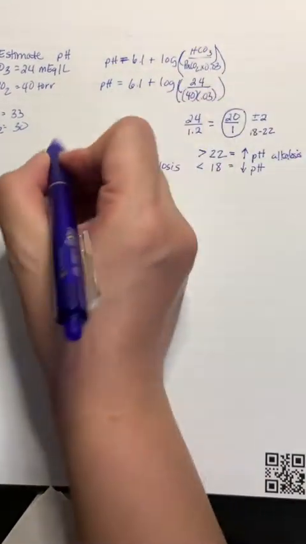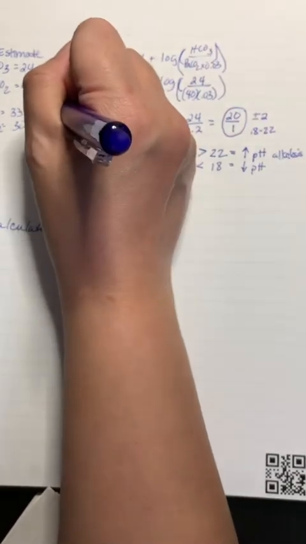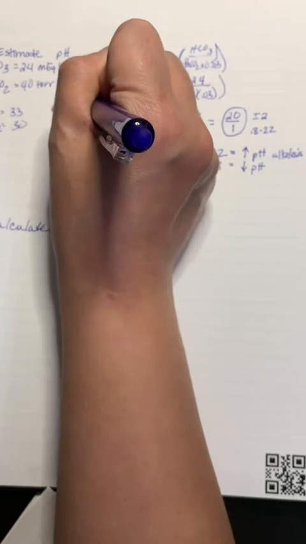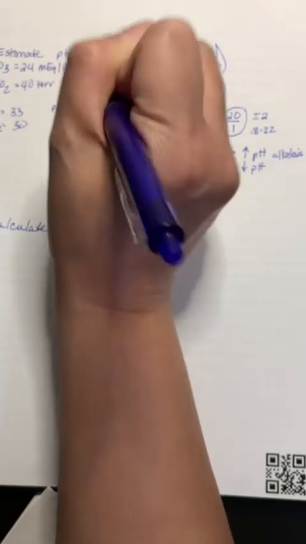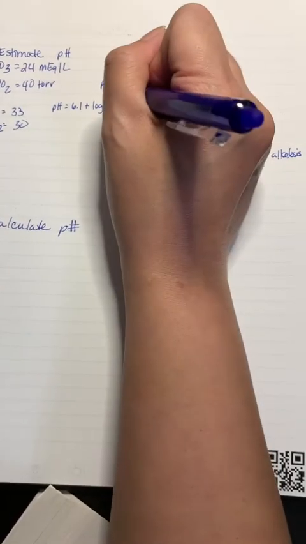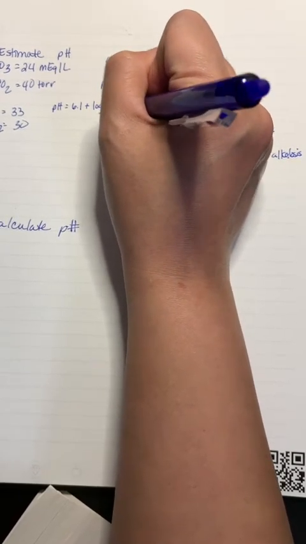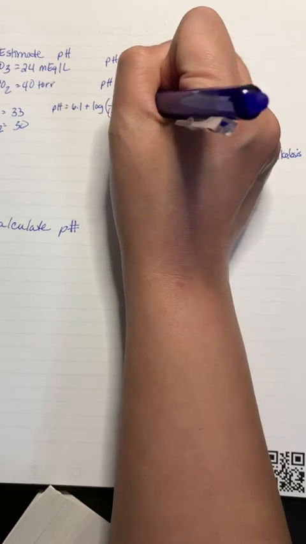Let's calculate this real fast. pH is equal to 6.1 plus the log of 33 over 30 times 0.03.